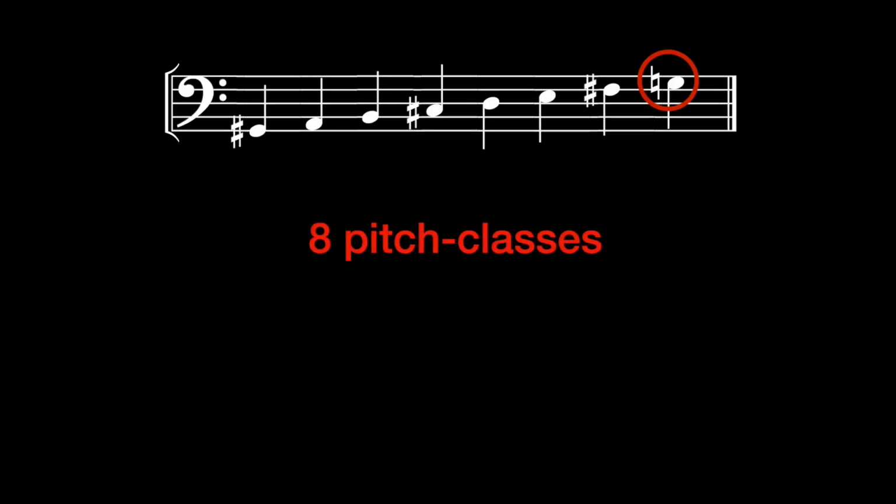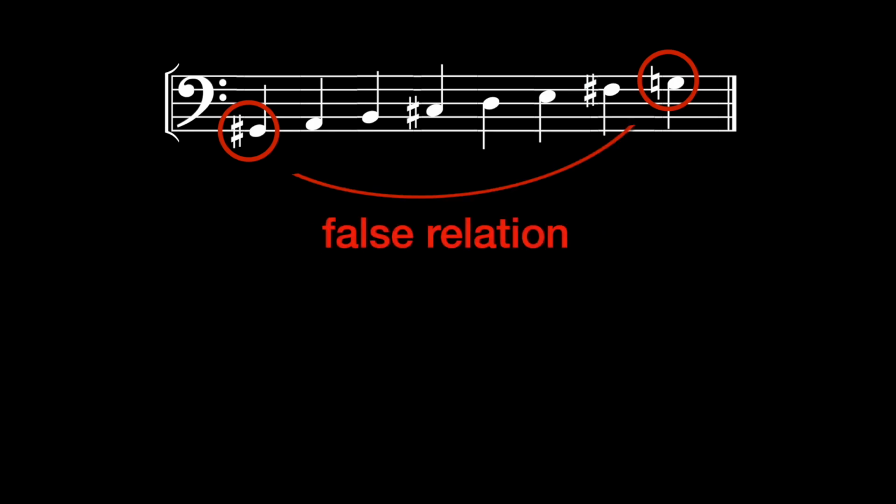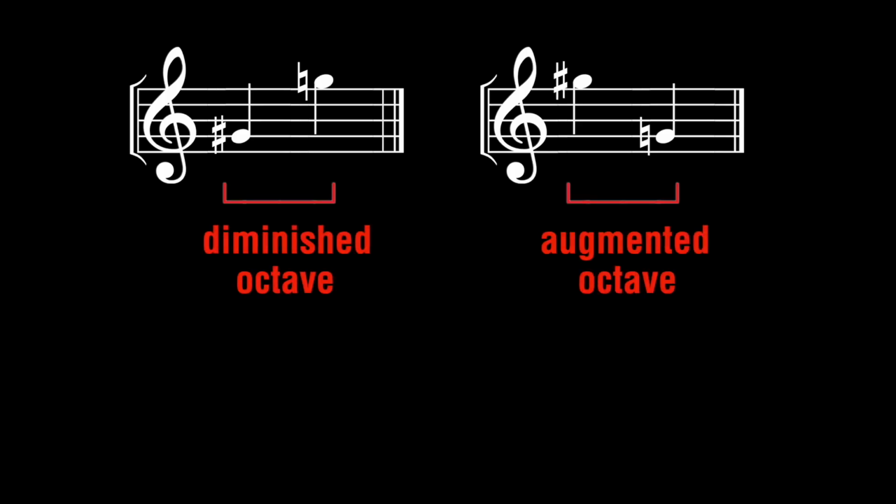with consistency of G natural in the upper register, which contradicts the G sharp in the lower register. They form a so-called false relation. It occurs between two tones that are an augmented or a diminished octave apart. It is as though a pitch class becomes split, like in this case between G and G sharp.